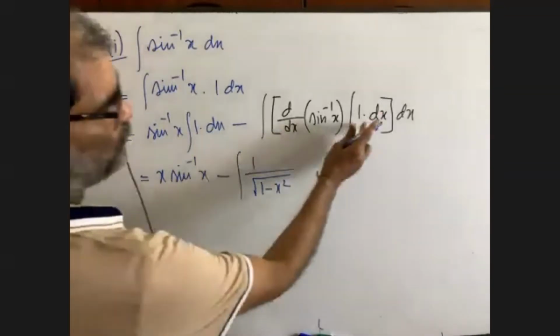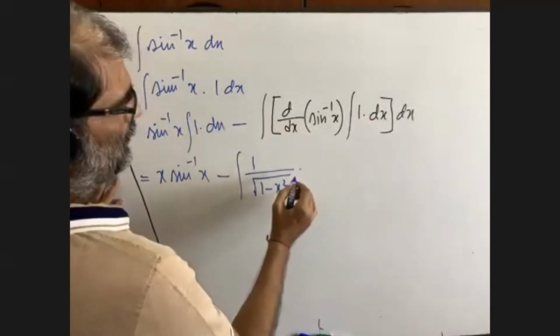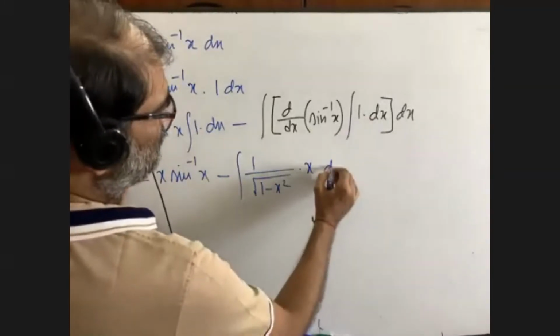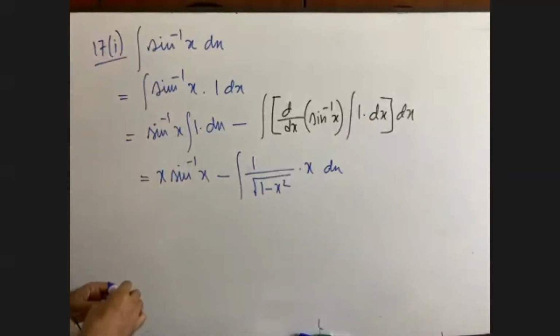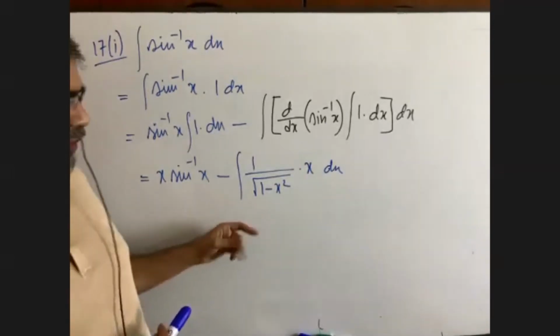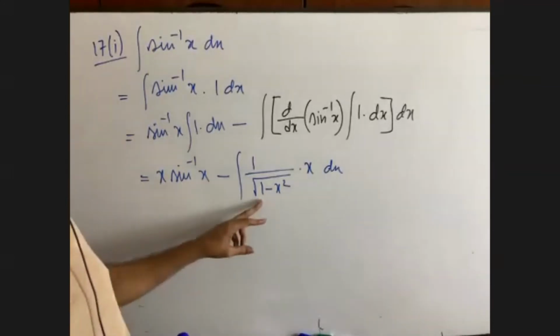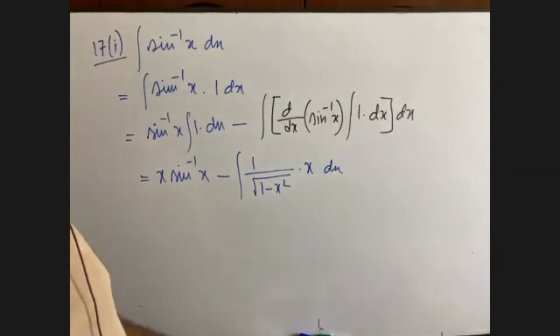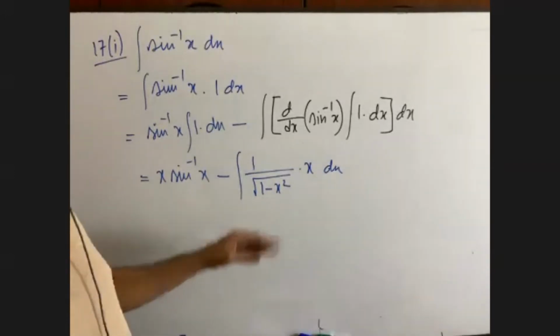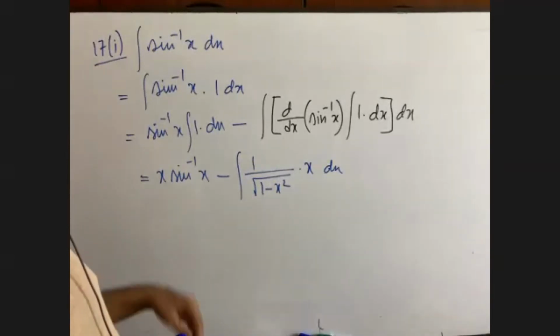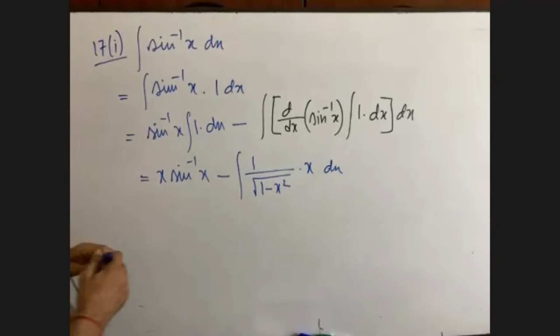Now let me know what is 1. 1 is x. So we can write here this x, and it is dx. Is it okay? Now this math also can be done by letting 1 minus x square be z.